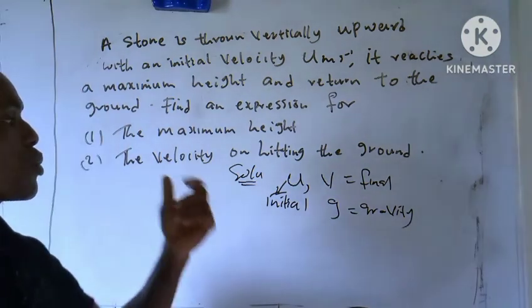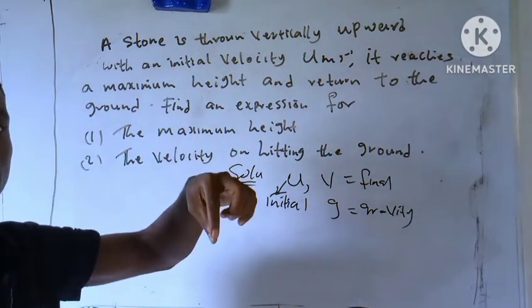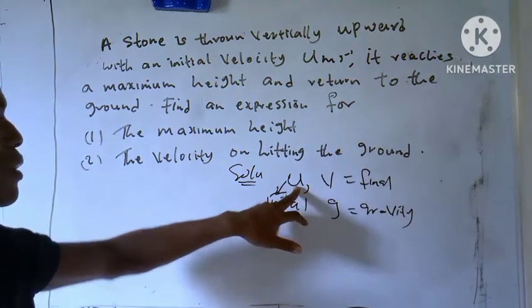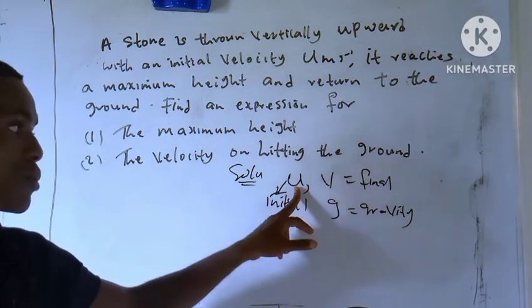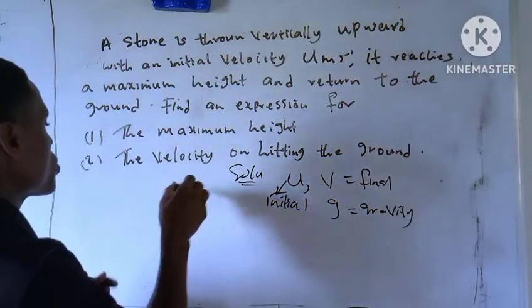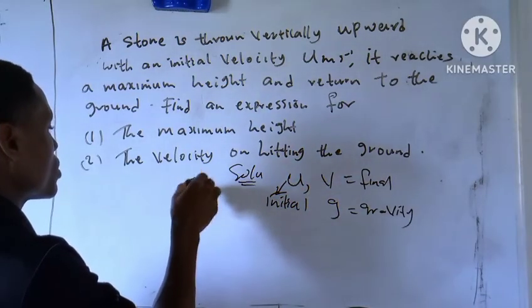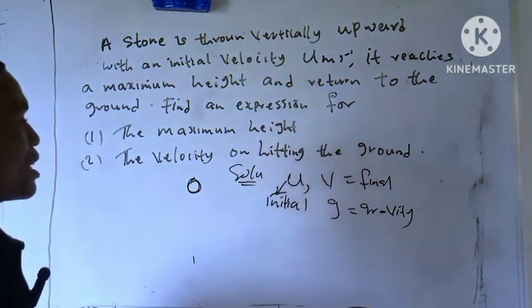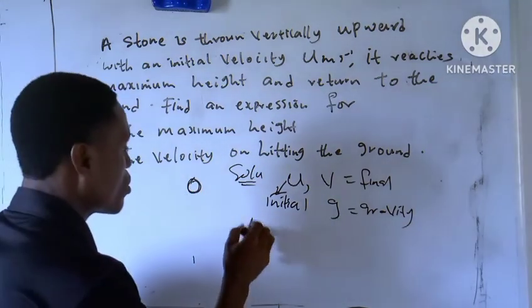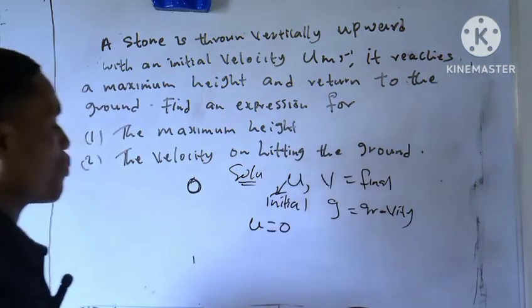If an object is coming vertically downward, the initial velocity will be what? Zero. Please take note. If an object is coming vertically downward, are you getting it? The initial velocity will be zero.